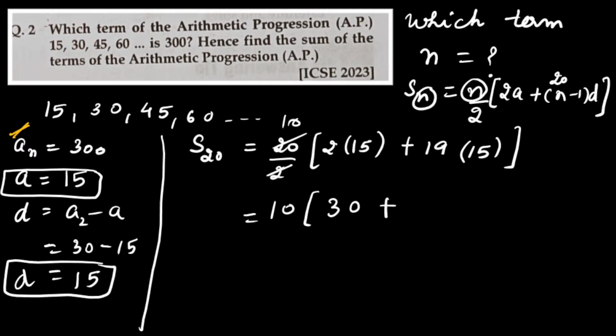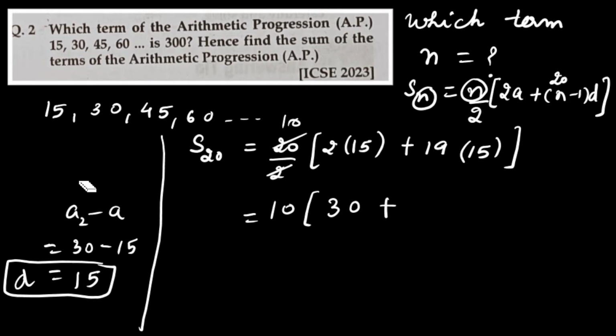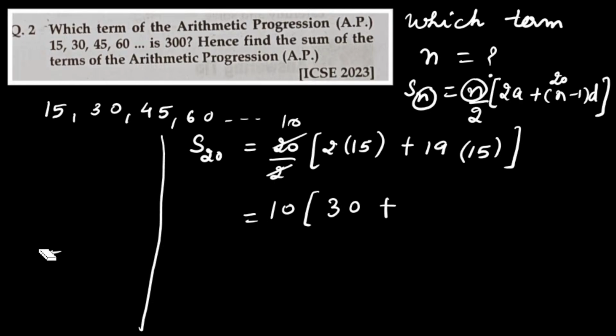What is 19 into 15? Multiply and tell me the answer. 19 into 15 is 285.